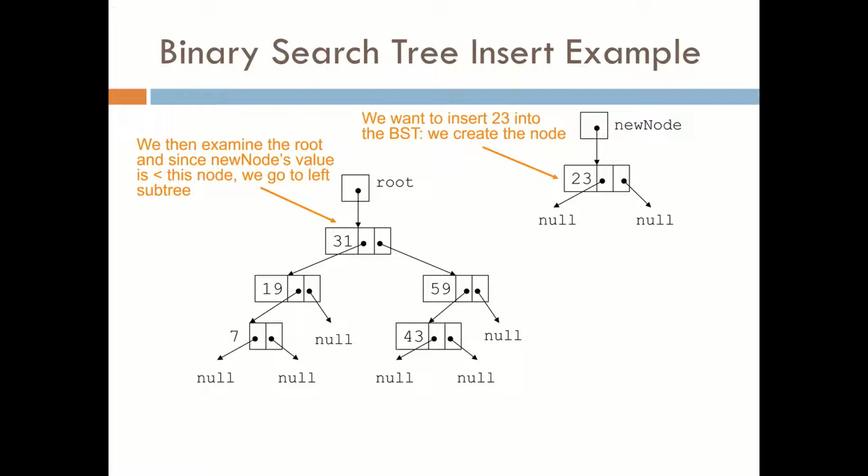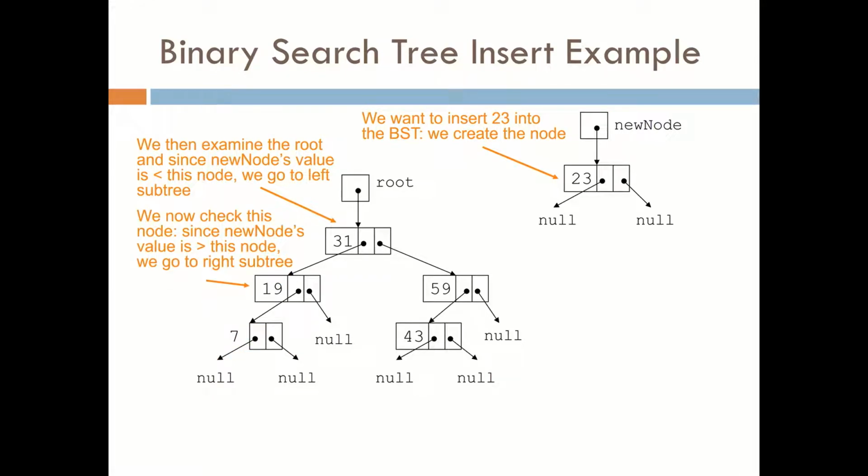Since new node's value, which is 23, is less than the root, which has value 31, we travel down the left subtree.